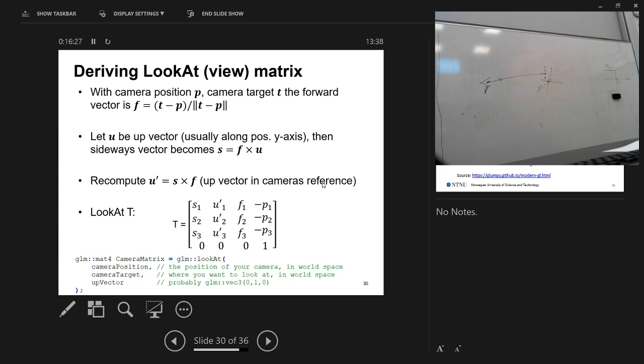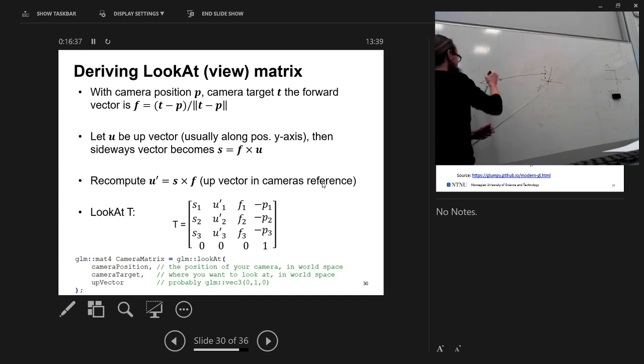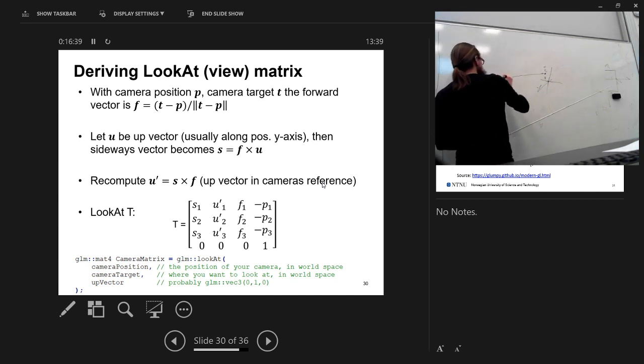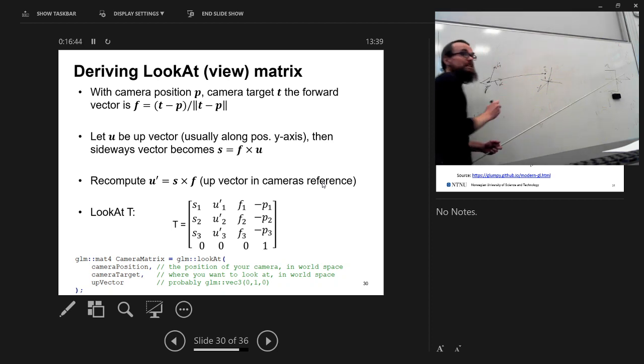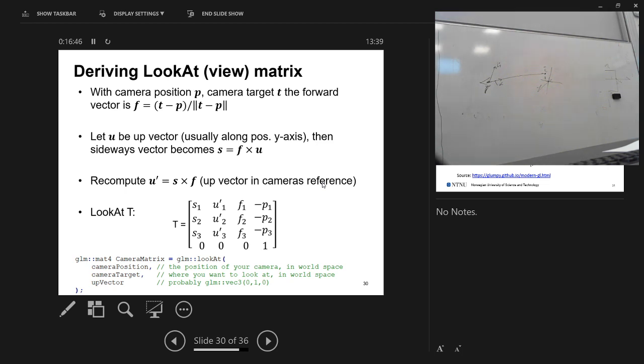Then the up vector, as we saw with the OpenGL coordinate system, y is usually up, so you can start out with a y. Now this is not necessarily at right angles to this one yet, but let's say it's the y-axis, right? So you have your forward vector, you have your up vector, preliminary. Now how do we find the sideways vector if we have those two? Cross product. Exactly, the cross product, yes.